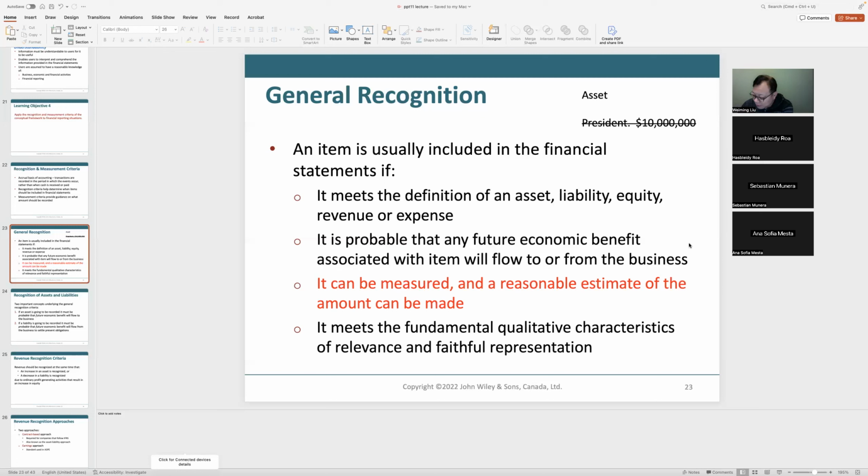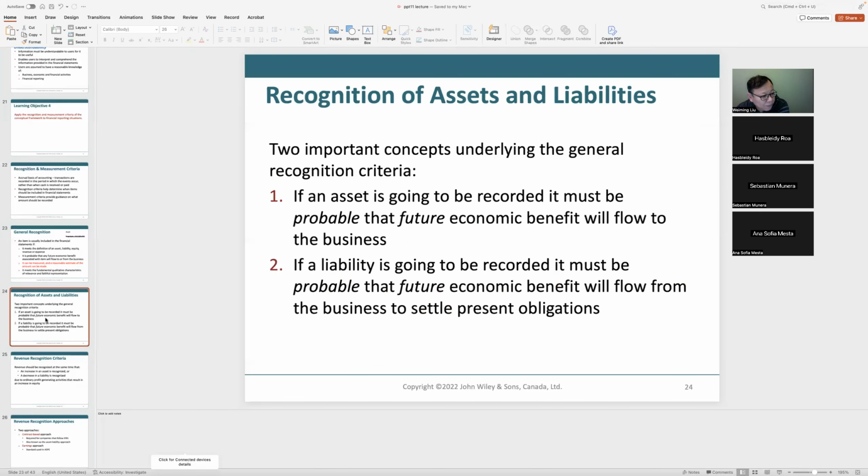Okay. So let's keep going. Recognition of assets and liabilities. Two important concepts underlie the general recognition criteria.